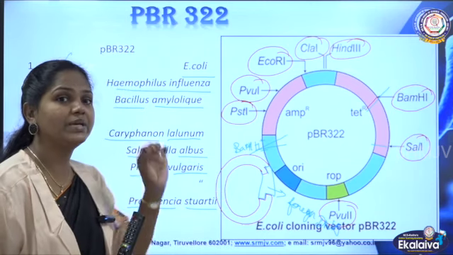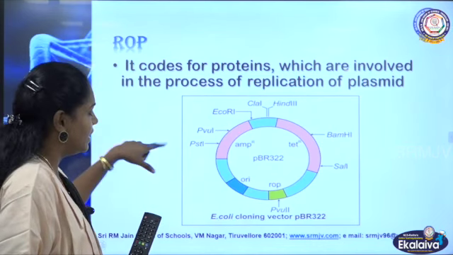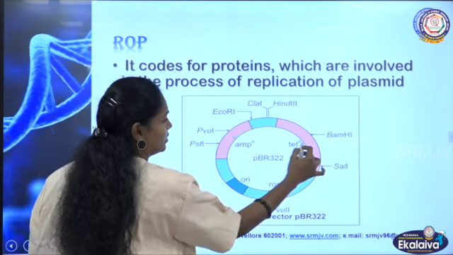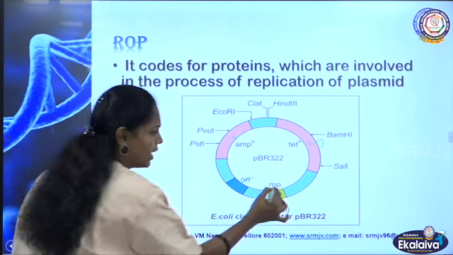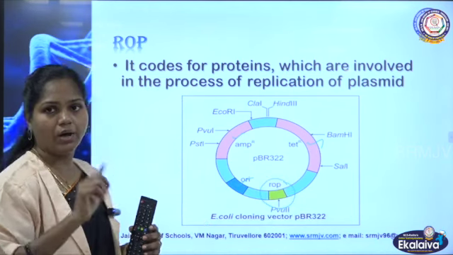Cloning sites are used to insert our foreign gene. In addition to all this, we have seen about the origin of replication and selectable markers. You have also seen about the cloning sites, and there is a small segment here labeled as ROP.